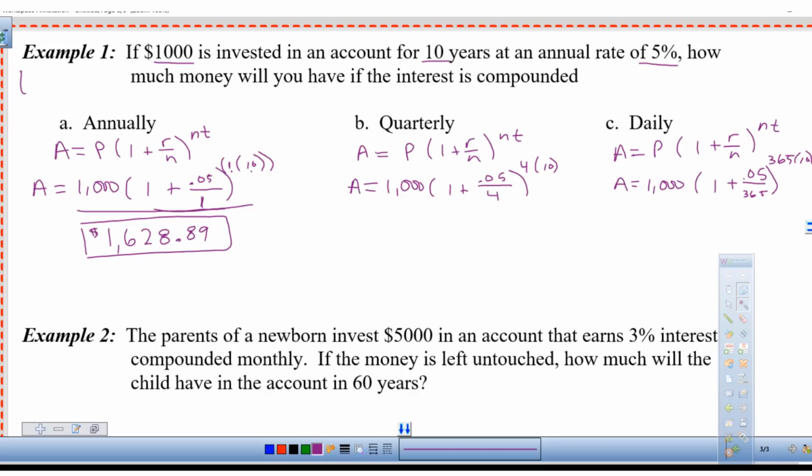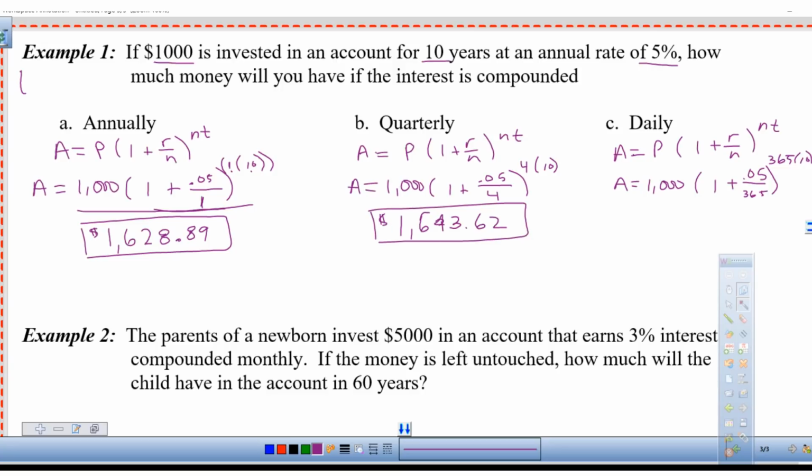Okay? Everybody go 1,000, parenthesis, 1 plus 0.05 divided by 4, close it, raise it to the parenthesis, 4 times 10, close it, enter, nearest penny is $1,643.62. Put in a $ sign, and there you go.